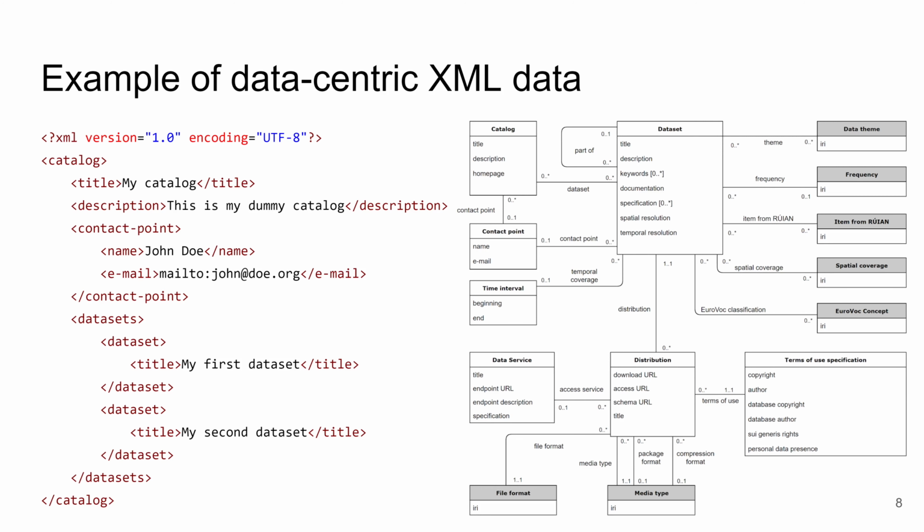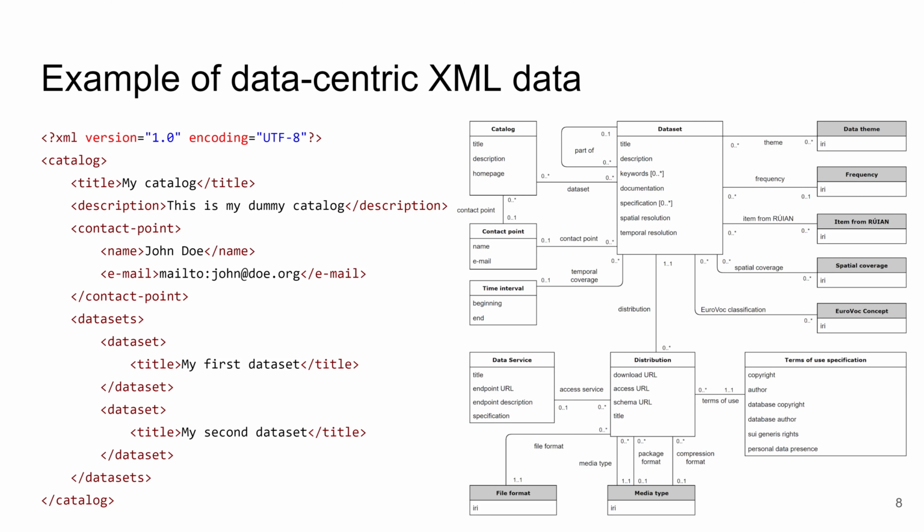We would have to have another XML file representing another catalog, and in that catalog we would have to have the same dataset represented all over again if we were to say that one particular dataset belongs to many catalogs.